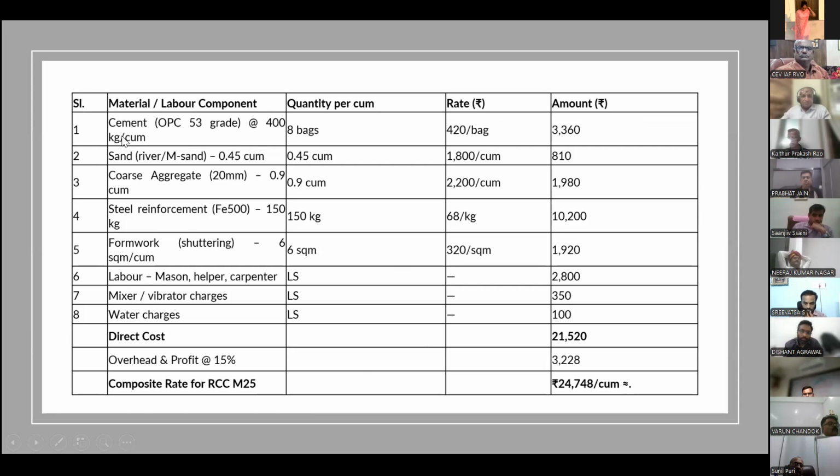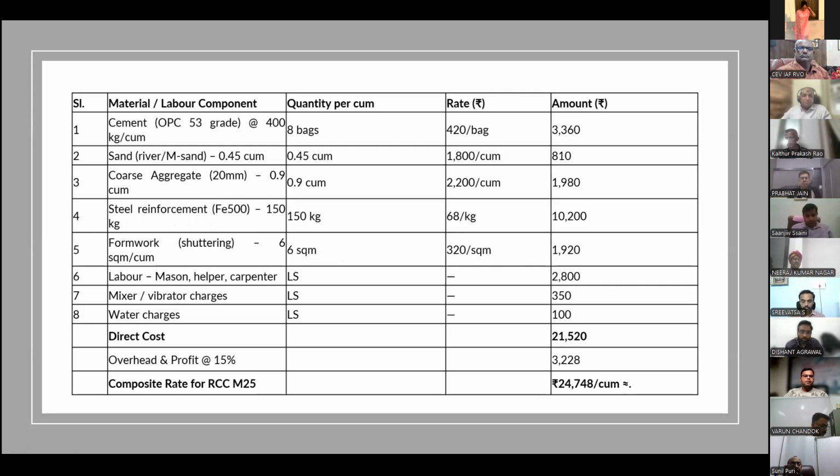So we are just taking an example at the rate of 420 per bag, 8 bags quantity, 3,360. Sand 0.45 cubic meter, coarse aggregate 0.9 cubic meter, steel reinforcement 150 kg, formwork, shuttering, etc. 320.